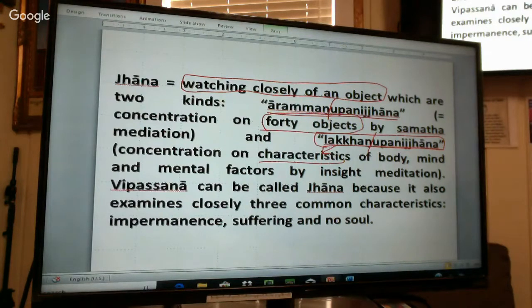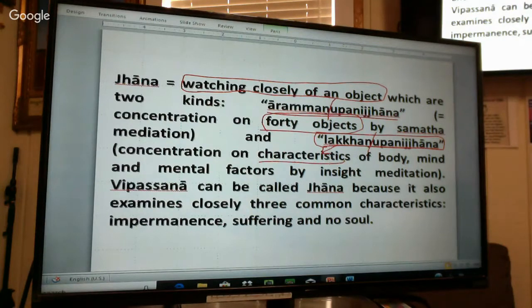So different dharmas, different natural phenomena, have their own individual characteristic. But all of them, all of the body, all of the mind, all of the manifest, also have a common characteristic.